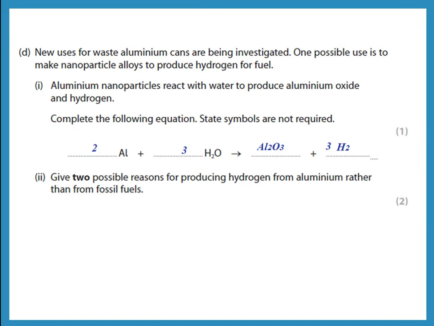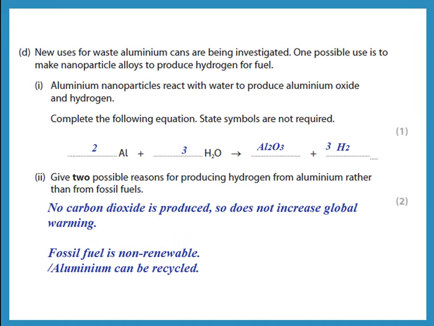Give 2 possible reasons for producing hydrogen from aluminium rather than from fossil fuels. Remember that we said we can produce hydrogen by cracking of alkanes that are produced from fossil fuels. He's saying if I produce hydrogen from aluminium, it is much better. Now, why would it be much better?